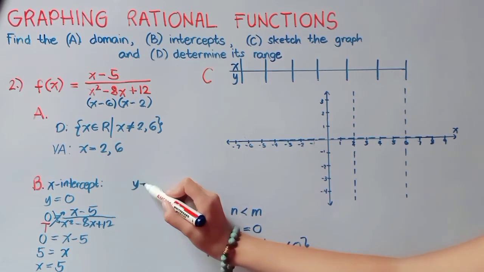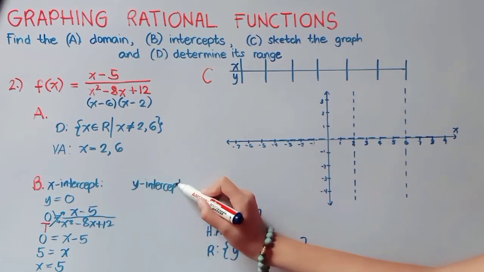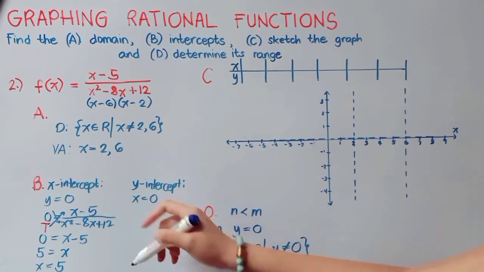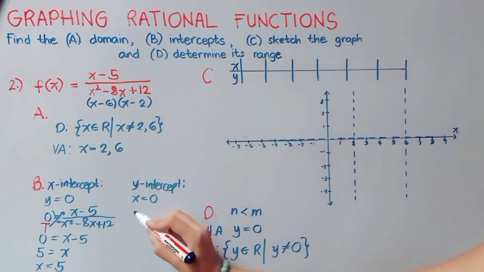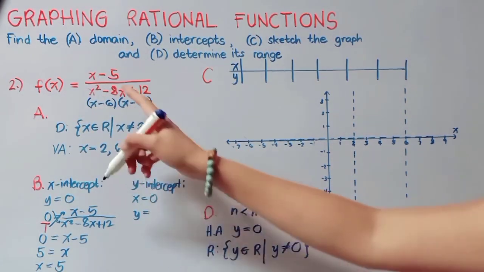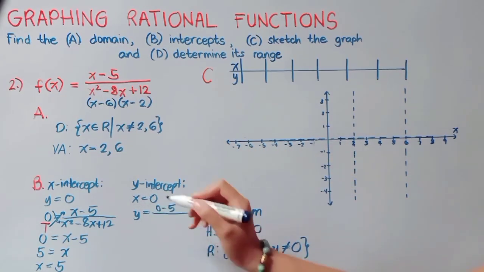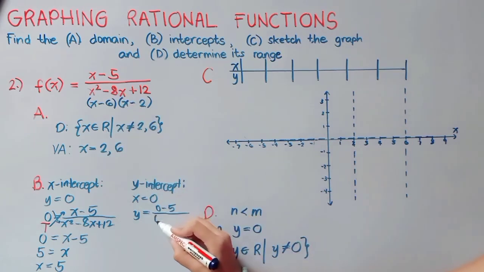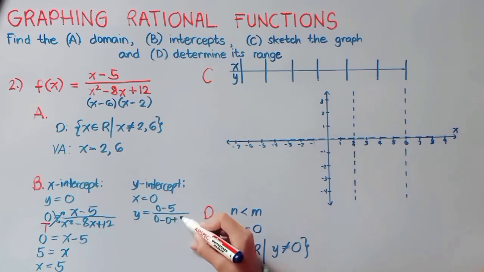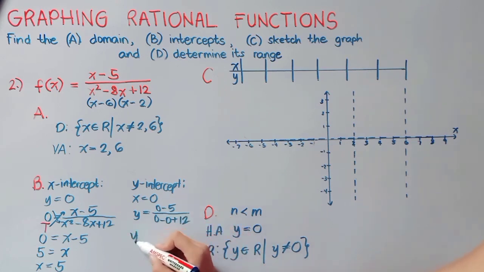Now let us get our y-intercept by making x equal to 0. So y is equal to 0 minus 5 all over 0 squared, which is just 0, and then 0 plus 12. So we have negative 5 all over positive 12.